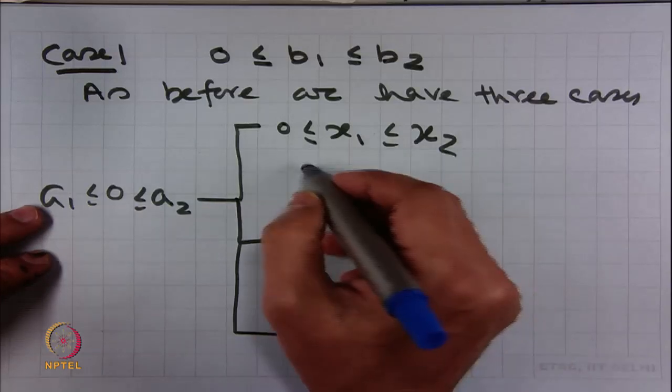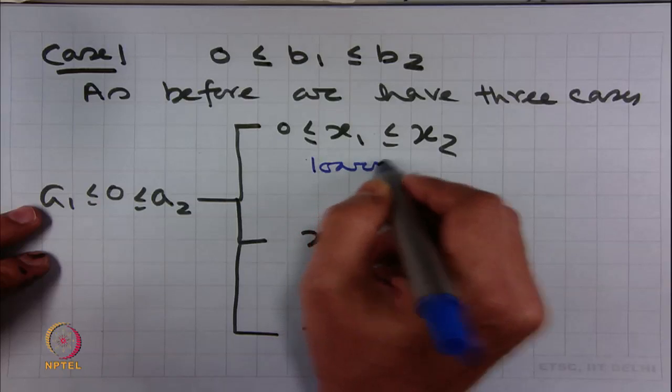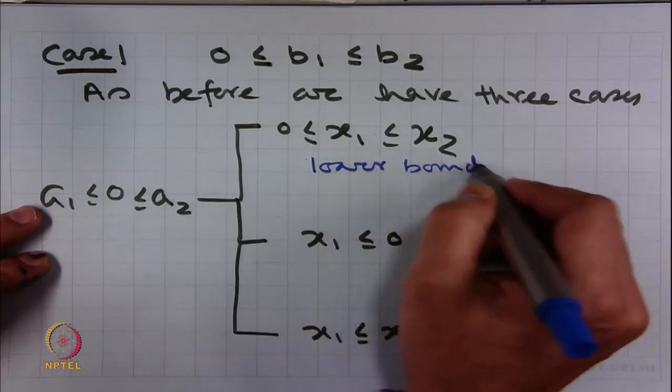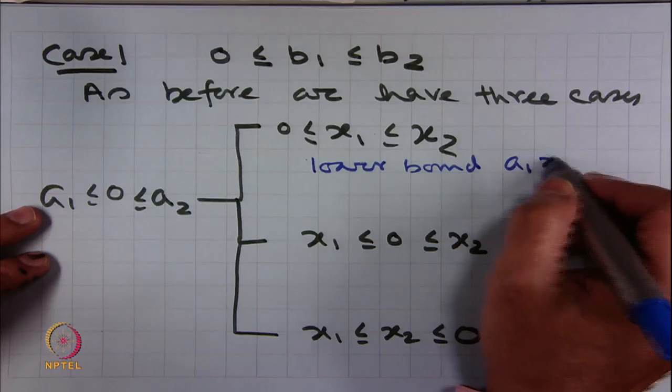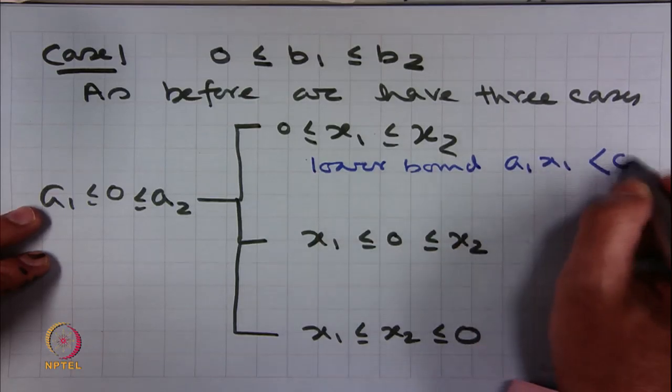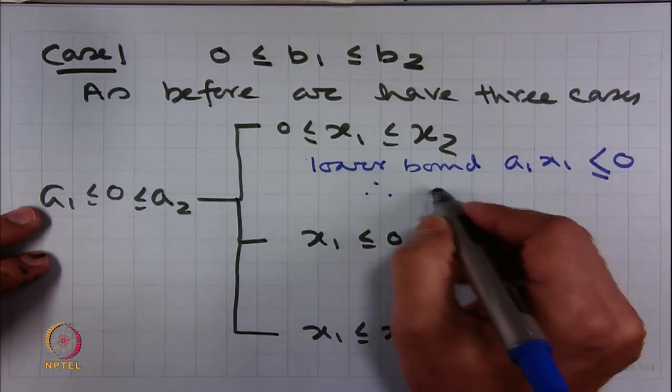In this case, the lower bound is A1 x1, which is less than equal to 0, therefore, rejected.